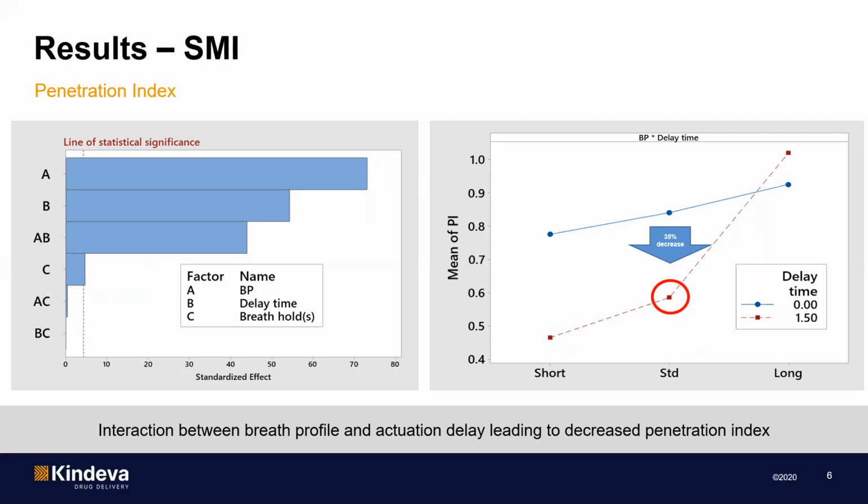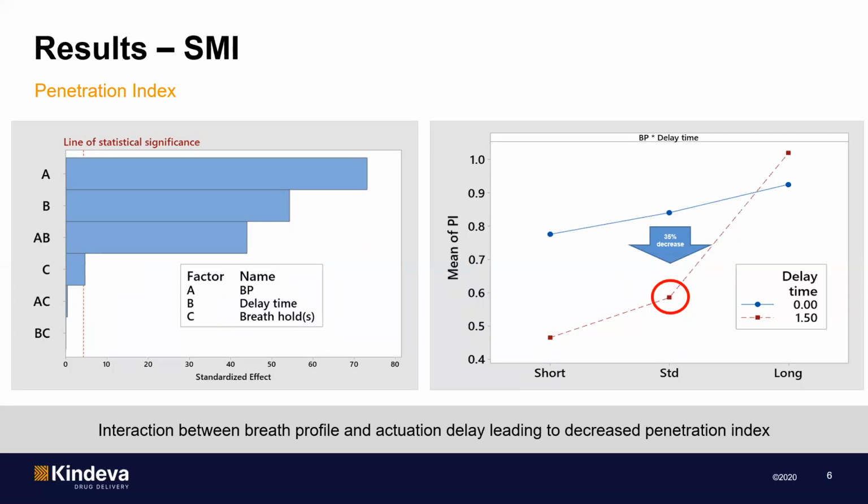In this case, though, it's not due to an increase in exhaled fraction, it's due to an increase in upper lung deposition. And it is considered that such variability in penetration index, depending on the actual product and molecule, may impact the uptake of the drug within the lung and then perhaps the Cmax within the PK profile.